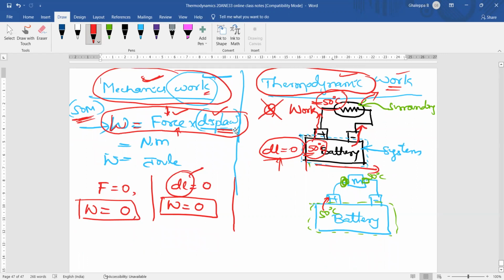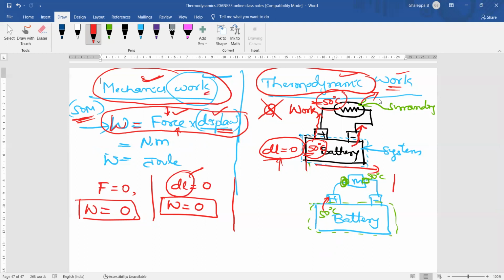So they may ask you the definition of thermodynamic work. How should you say it? Thermodynamic work is an energy transfer between system and surrounding, not due to temperature difference. And when the energy transfers from the battery, the system, to the surrounding, it is equal to raising of a weight.